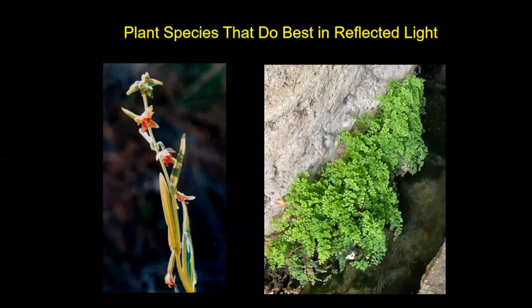So we have plants in our landscape that really don't like direct sunlight. They really like reflected sun off of cliff faces. Helleborine orchid on the left side here, and maidenhair fern are two of quite a few plants that just can't stand direct sunlight. They really love shade.